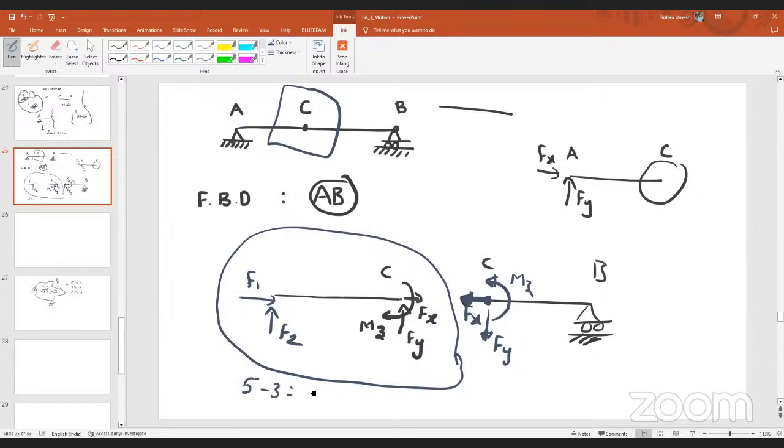That means how many unknowns am I having? 2. Is it right? Is it right or wrong? It is a determinate, isn't it? Simply supported beam is a determinate problem or indeterminate problem? Determinate problem.